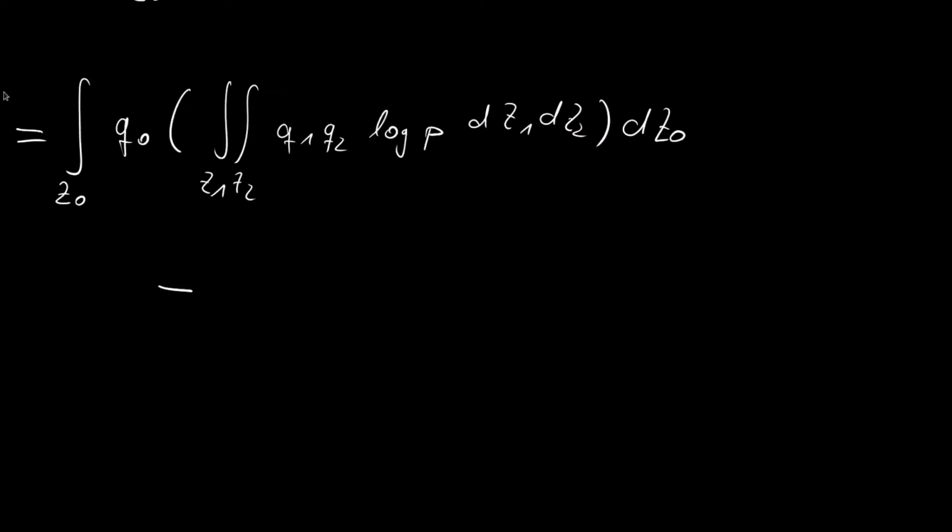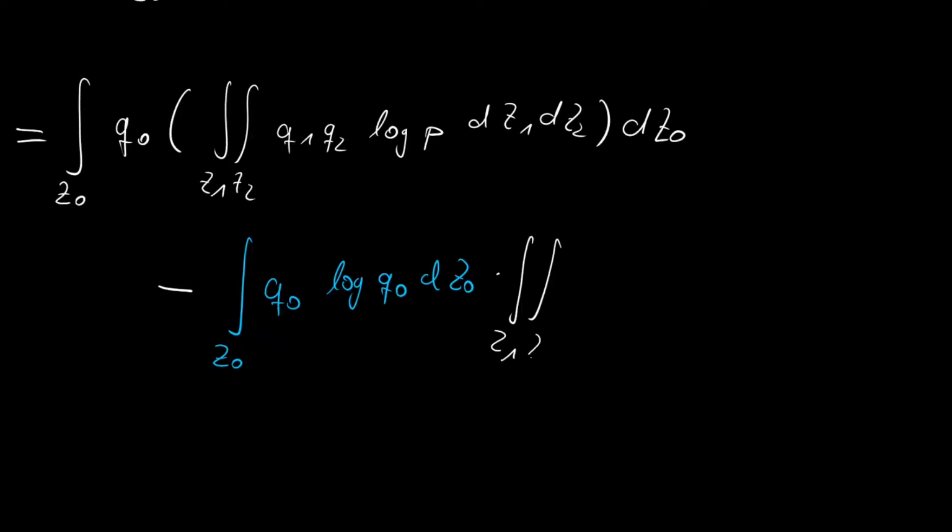Then we have minus, and here we get the integral over z0 of q0 logarithm of q0 dz0 multiplied with the double integral of z1, z2 over q1, q2, dz1, dz2.